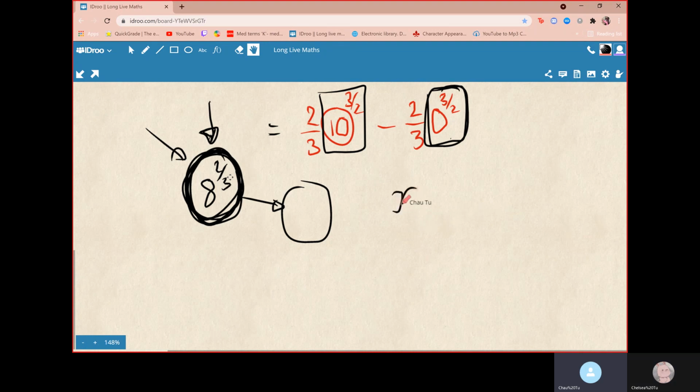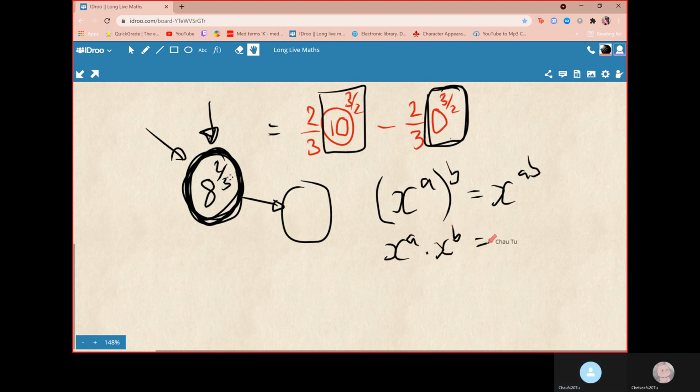Hang on. What's x to the power of a to the power of b? X to the power of a plus b. No. X to the power of a, b. What's x to the power of a times x to the power of b? X to the power of a plus b.